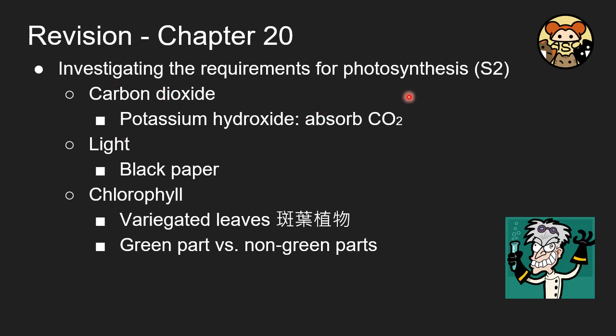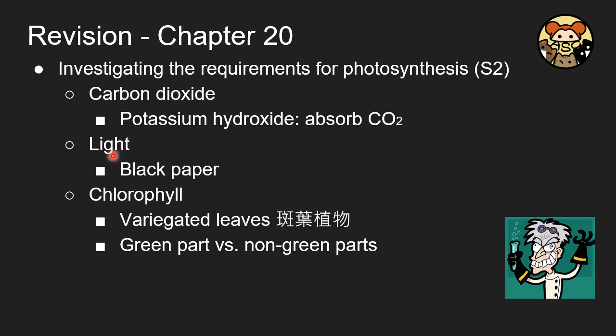For photosynthesis, there are some requirements: carbon dioxide, light, and also chlorophyll. In order to test these requirements, we use the following setups. For carbon dioxide, if you want to remove it, we will use potassium hydroxide, KOH, in order to absorb the carbon dioxide.